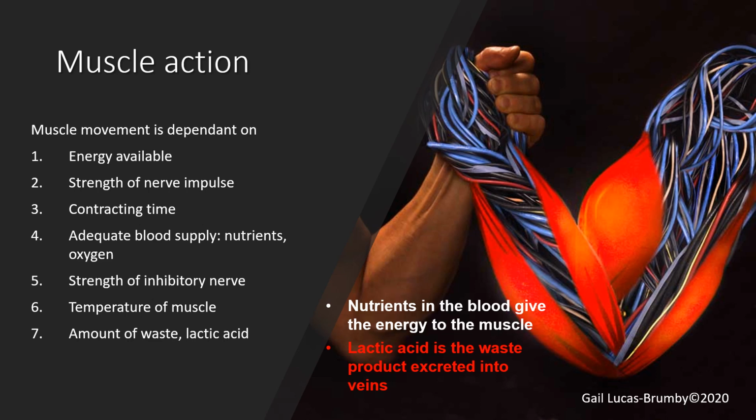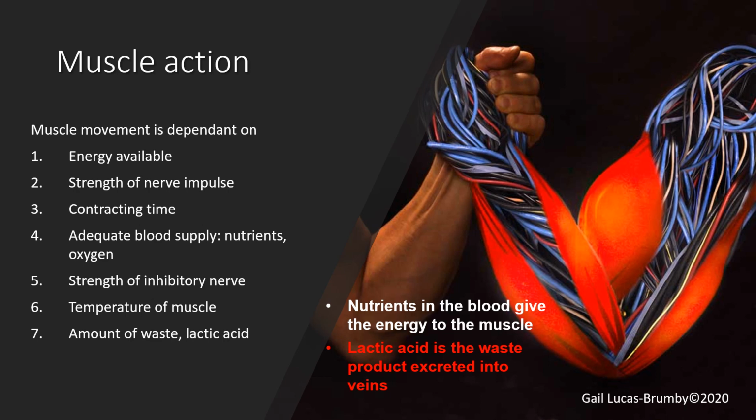The strength of the inhibitory nerve inhibits the movement to make sure we don't over move. The temperature of the muscle, we need to be warm in order for our muscles to move successfully. And the amount of waste product, for instance lactic acid, that clogs up our muscles will inhibit the movement of the muscle.